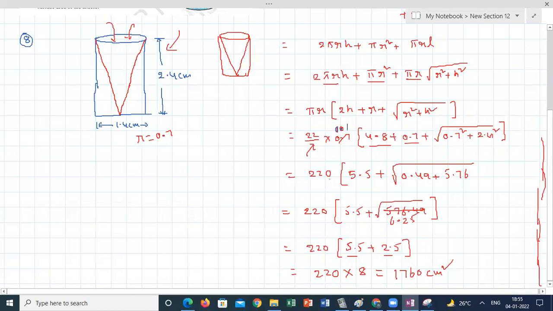So then it will become 2.2, not 220. This is 2.2 into 8. So 2.2 into 8 is 17.60 centimeter square. So 17.6 centimeter square is the final answer. Please, is it right? Guys, please respond. Yes, sir.